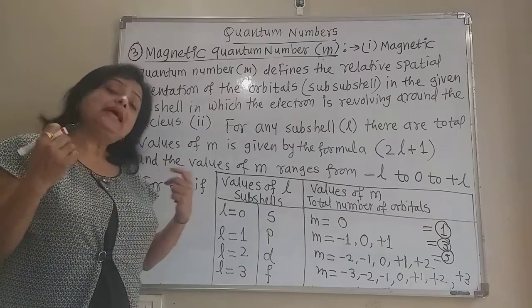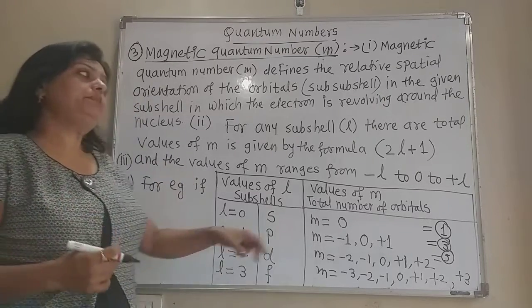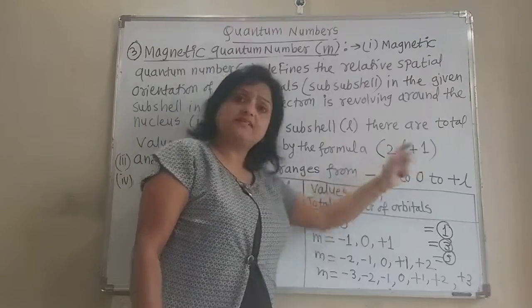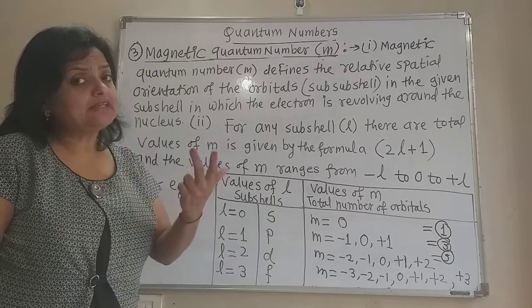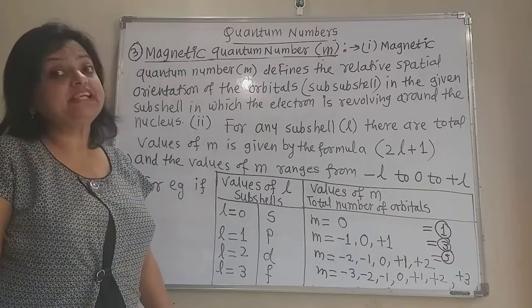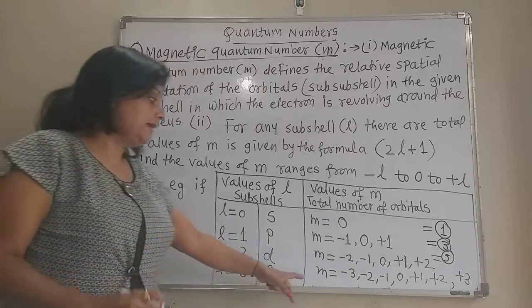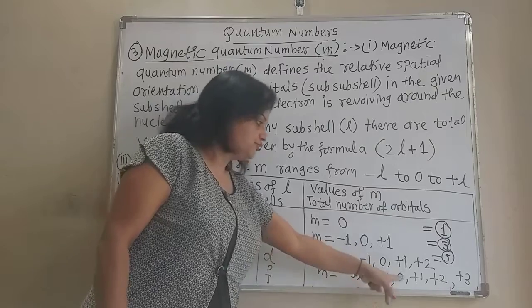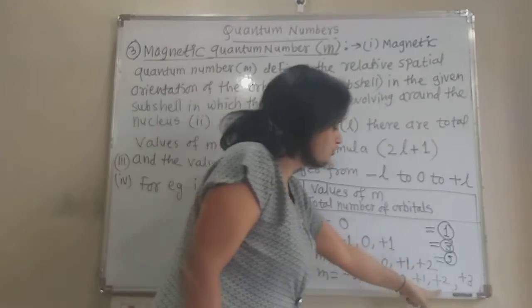Now if L is equal to 3, we know there are 7 orbitals. 3 into 2, 6, plus 1, 7. Those 7 orbitals range from minus 3, 0 to plus 3. That means M is equal to minus 3, minus 2, minus 1, 0, plus 1, plus 2, plus 3.